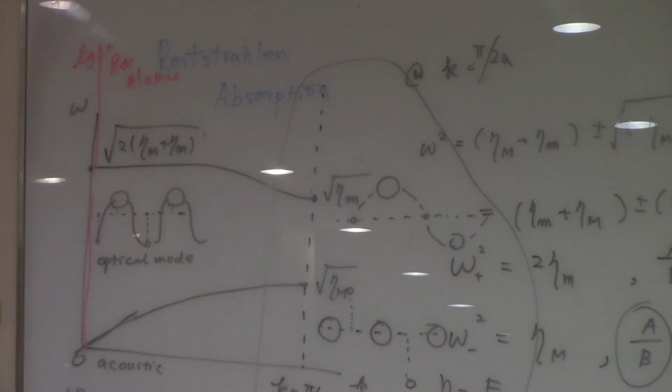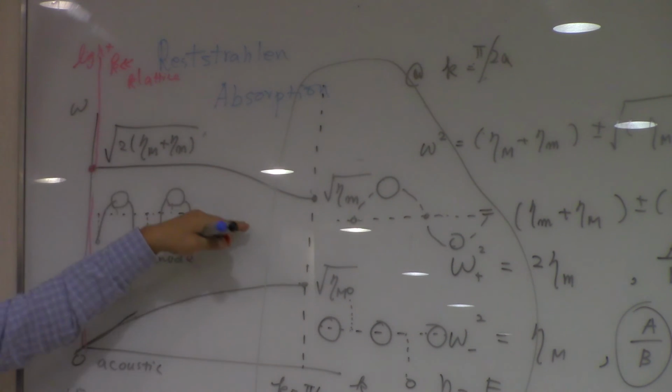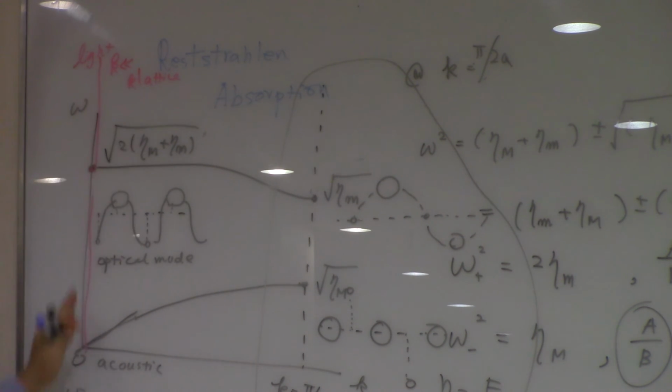But there is some point here which is matching. The lattice wave, optical mode, and the light wave omega versus k, there has to be a crossing here, somewhere. And then what's going to happen is the resonance.